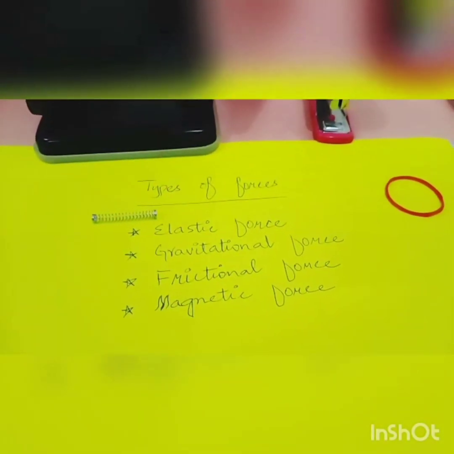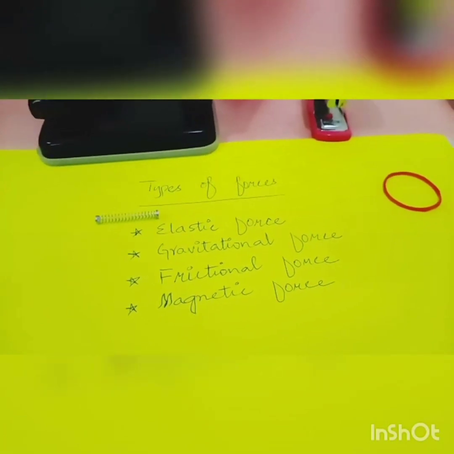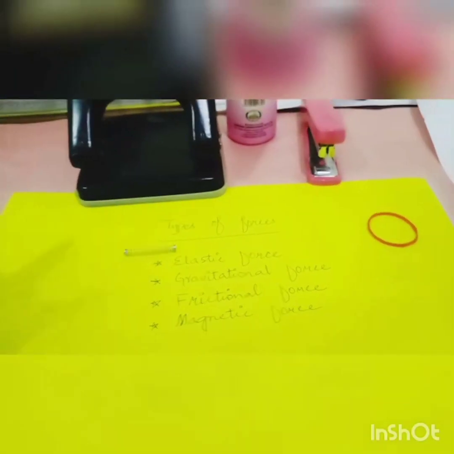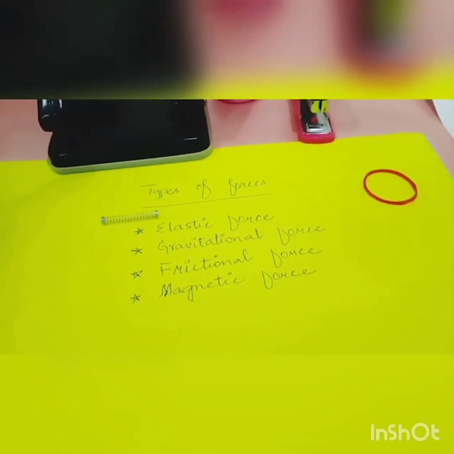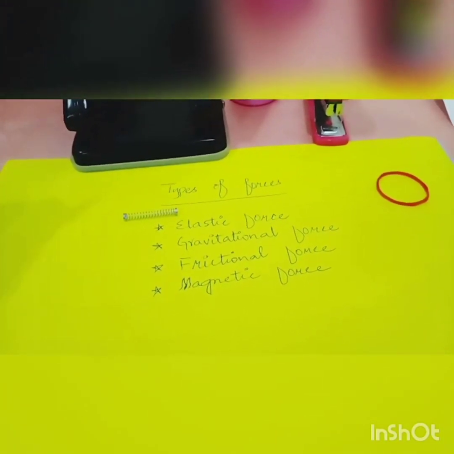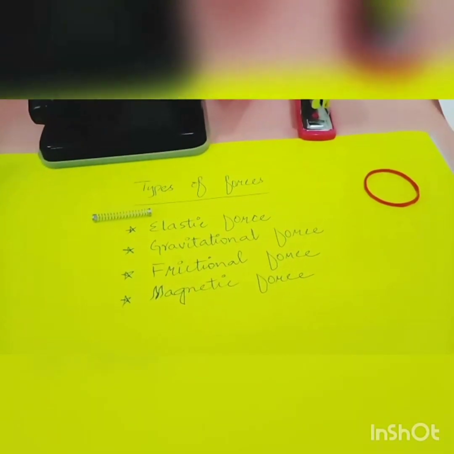Then moving ahead to the gravitational force. For example, I am throwing this object and it falls down onto the table, and it's not moving here and there in the air. So what's the reason behind it? Can you think about it? Yes, the reason is gravity, because we know that Earth has gravitational force.